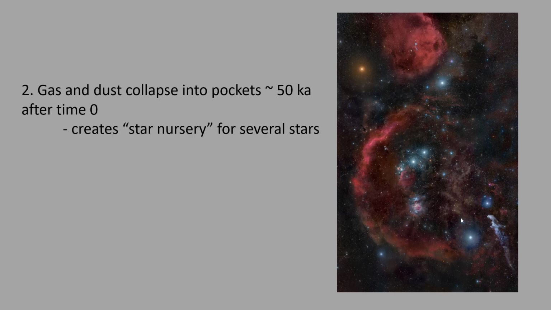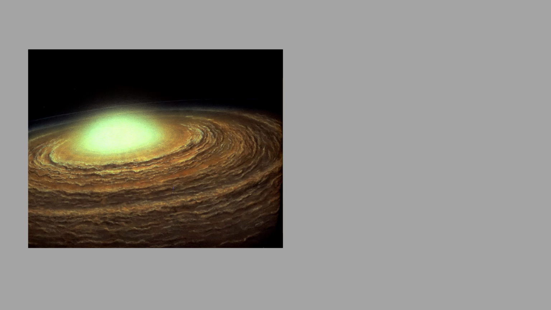Our own particular solar system collapsed into a disc-like shape that is now our series of planets and sun. So again, 50,000 years after that shock wave hits our solar nebula, we start to have the creation of several stars in our galaxy, and they turn into a disc-like shape.